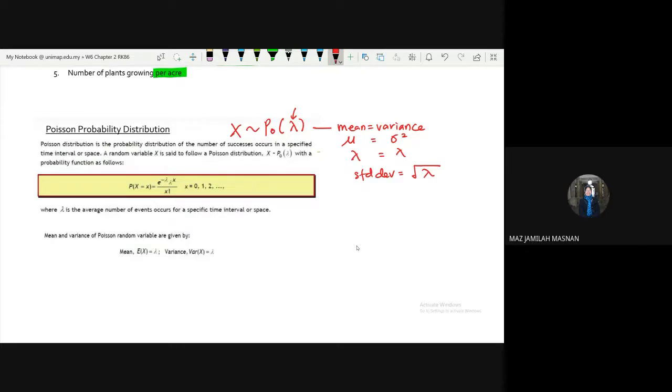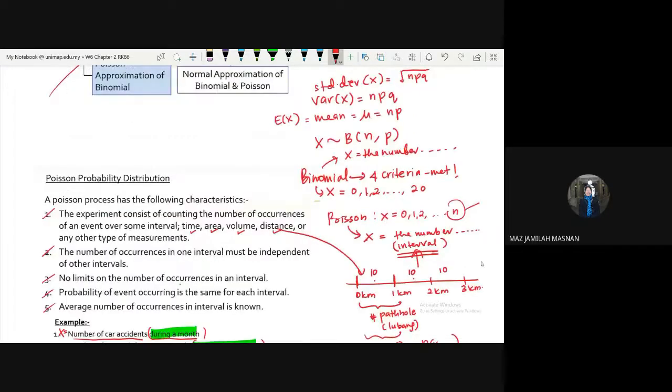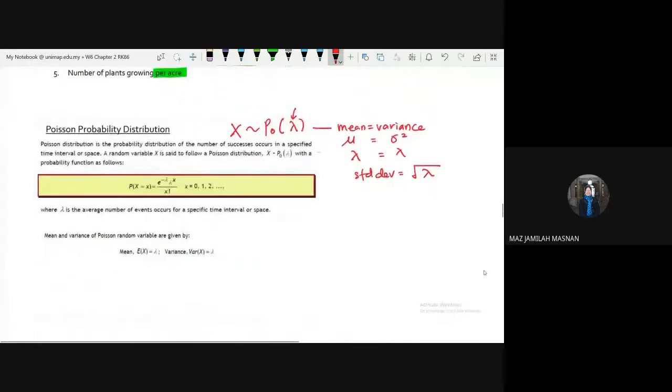As simple as that. So my binomial probability of exactly X is nCx, p to the power of x, q to the power of n minus x. What about lambda?